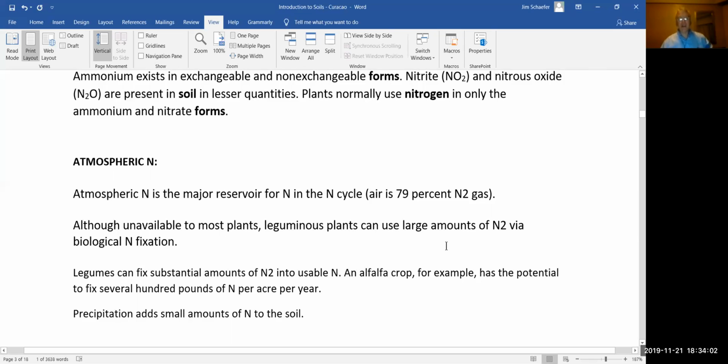And it's a very interesting idea in farm management to think about the sources of nitrogen that are available to you and where they are located.